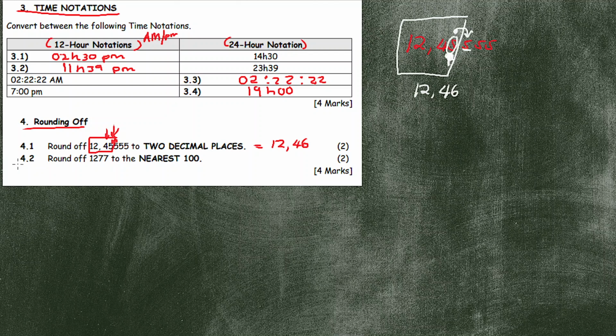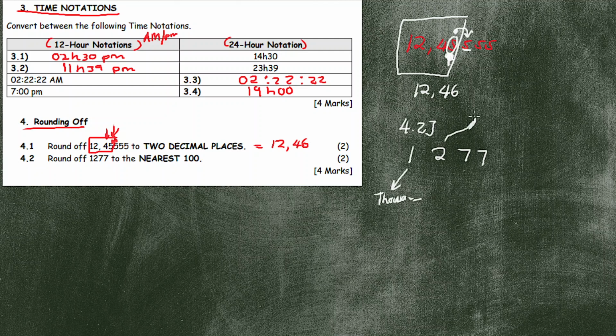And then 4.2, round off this number to the nearest 100. So 4.2 has what? 1277. This 1 is 1,000.